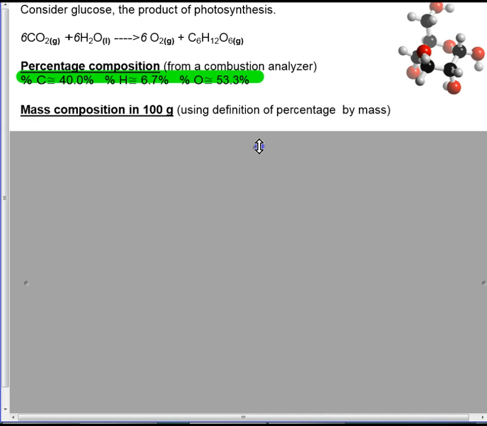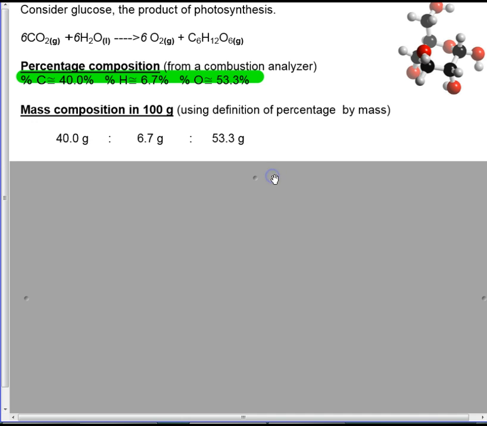The next step is looking at 100 grams of the sample. Now this is probably the easiest mass to assume, because if we assume 1 mole, we're going to have to determine the number of moles of each of the elements, and it's not so direct from percentage composition.